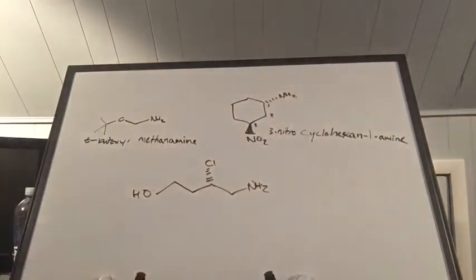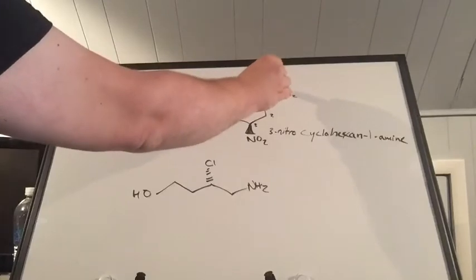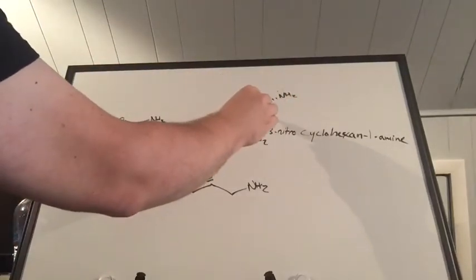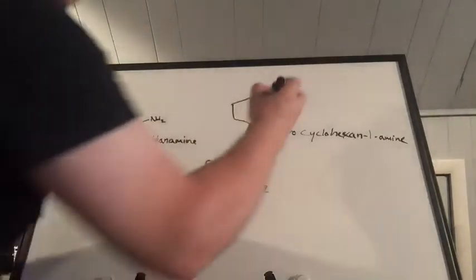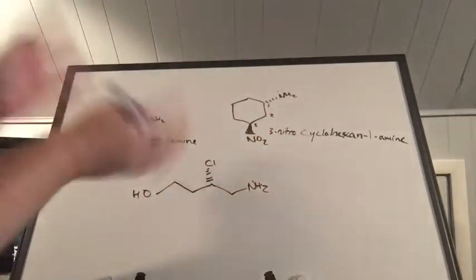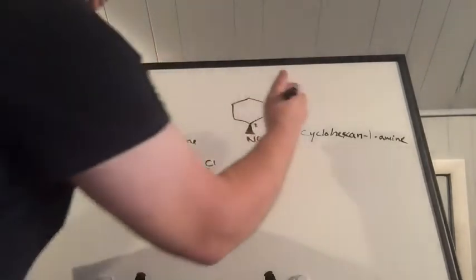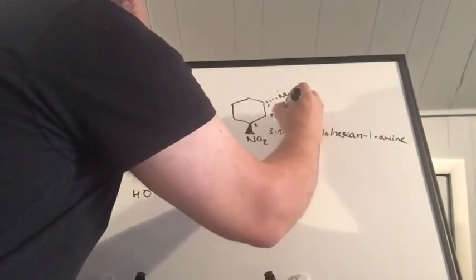But we also have RS configurations there, so we need to figure out what those are. So this is going to be first priority by default. We're going to have second priority here, third priority here. Okay, so as it's depicted, we're going to go with R. But since that's in the back, we have to flip it around. It needs to be wedged out, so it's going to be S. So it's going to be 1S.